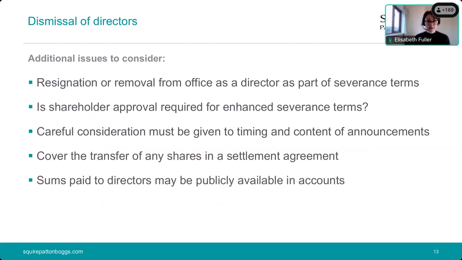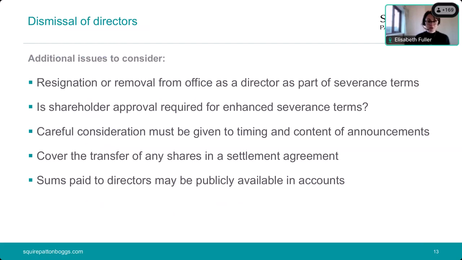So dismissing the director isn't going to remove them automatically from their position on the board unless you say that it will under their settlement agreement. So you should always have a clause that deals with the resignation from a directorship. You will need to check any relevant articles of association as well to check what form the resignation has to take, which should be set out if there is a specific form required.